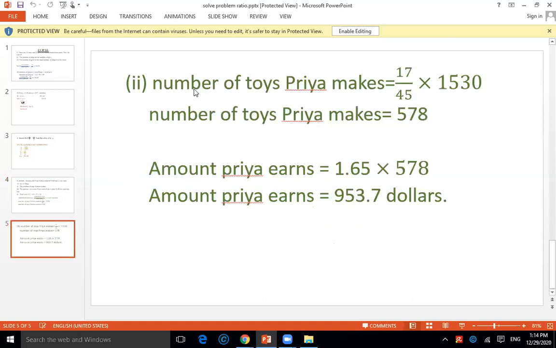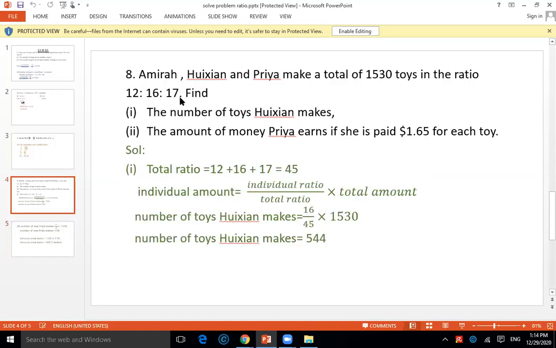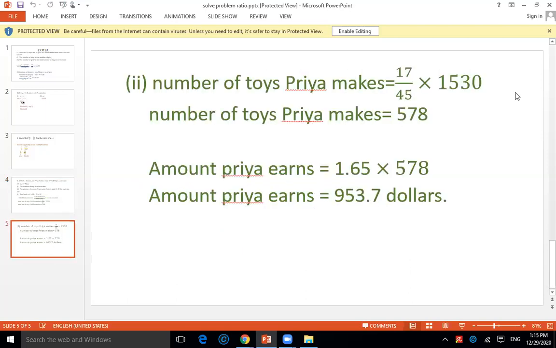So we will write the number of toys Priya makes: 17 upon 45, because the ratio of Priya is 17 and we divide it by 45, the total ratio, and we will multiply this by 1530, which is the total amount. When we solve this, we will get the answer 578. This is the number of toys Priya makes.